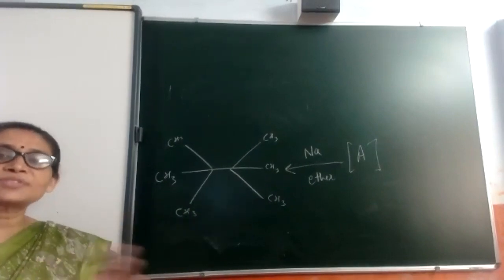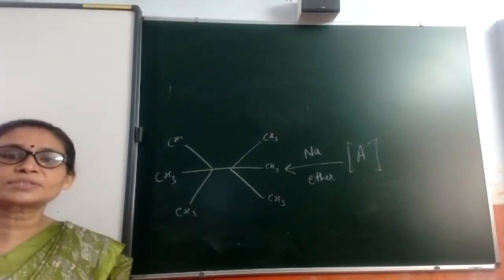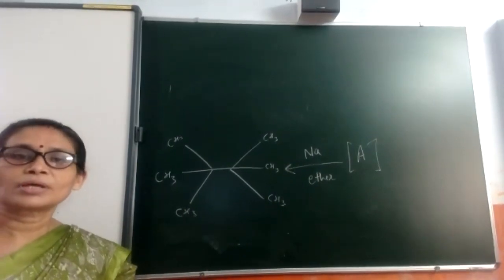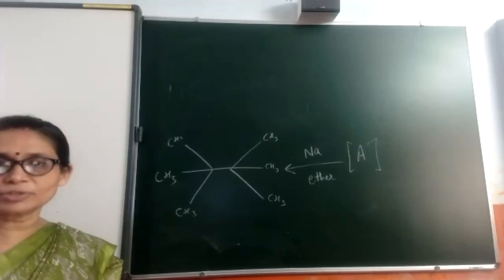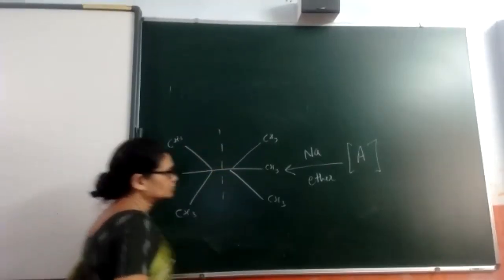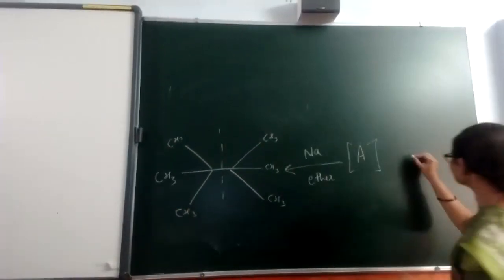Now make two halves, two equal halves. And at one half, add any type of halogen. So this is symmetrical. So take one half.